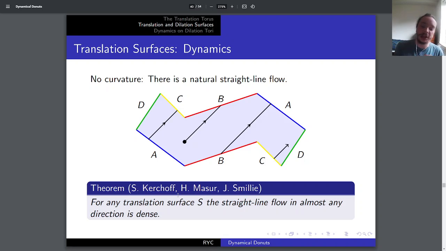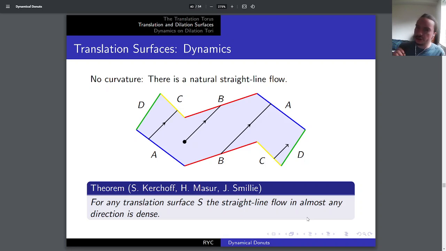It says that the behavior that we observe for tori, which was that if you start at any irrational direction, then you're going to get a dense flow, holds here too. Okay, so importantly, what do I mean by almost any? Almost any here means that if you pick a direction at random uniformly, then you're going to have a 100% probability of that direction having a dense flow.